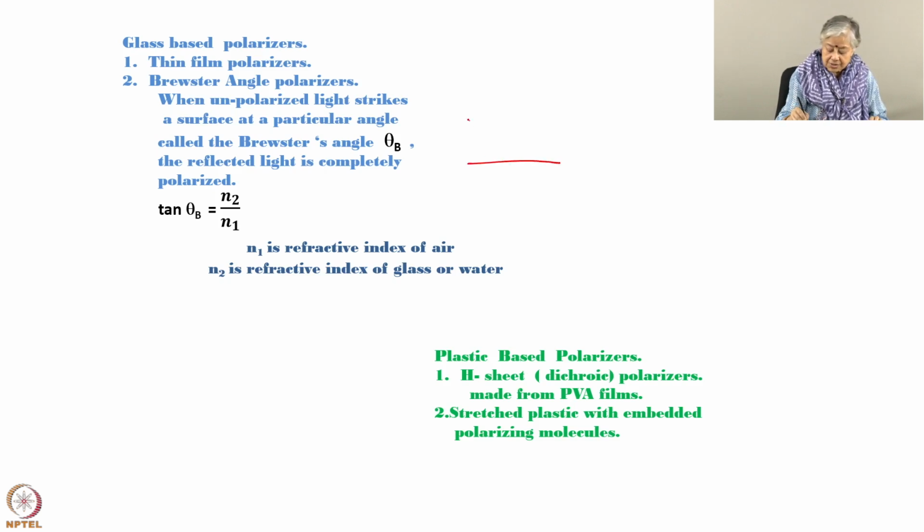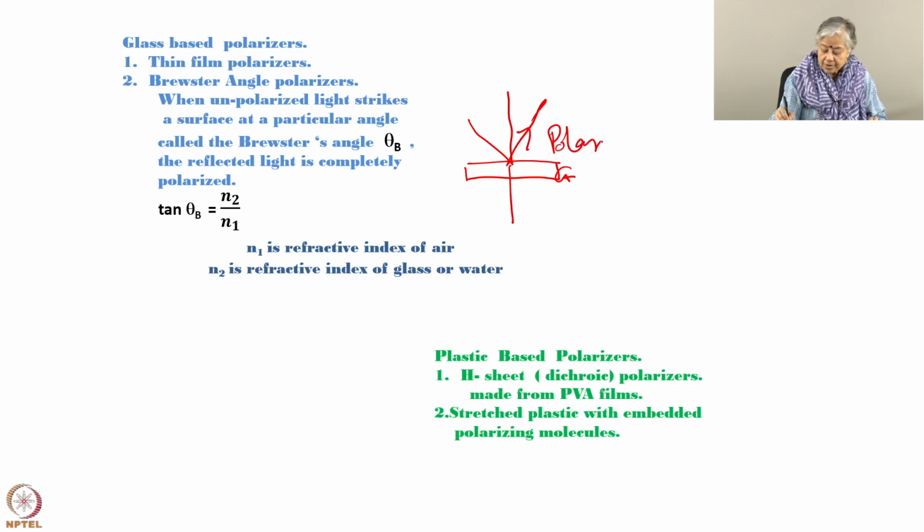So, here, if it falls at a, this is a glass plate, and this reflected light is completely polarized. So, if this glass is placed so that this angle is theta b, then the reflected light is polarized light.